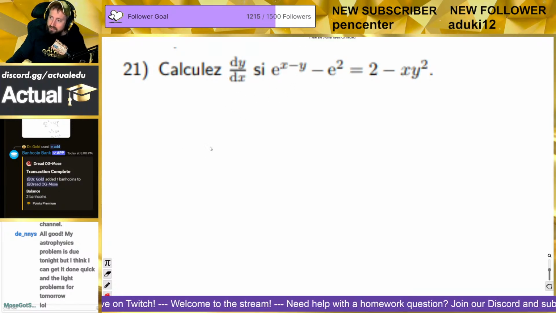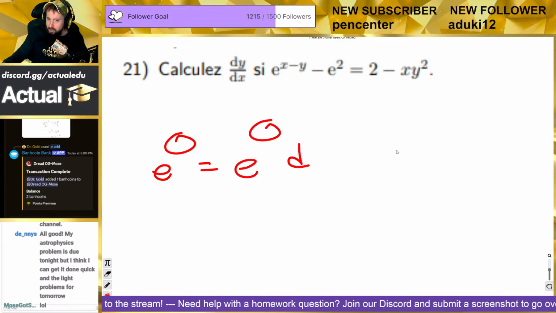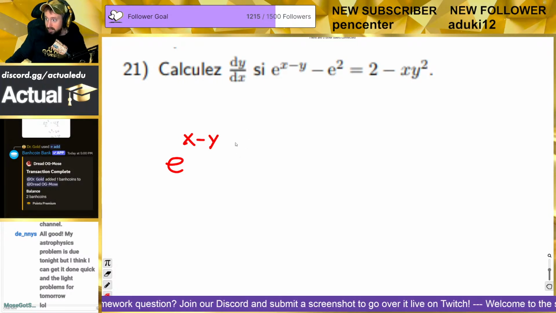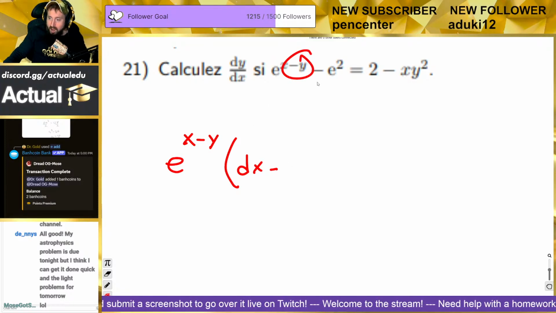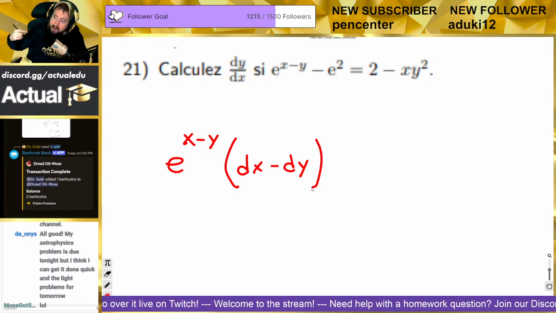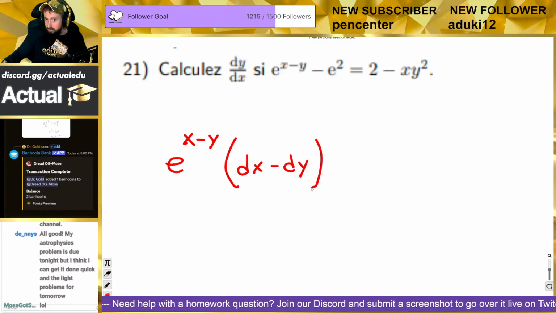Okay. So the derivative of e to the something is always just e to the something times the derivative of what's inside. So for here, I'm going to get e^(x-y) times the derivative of x minus y, which is going to be the derivative of x is just 1, but then I'm going to write dx, and then the derivative of y, which is 1, but then I'm going to say minus dy. So here's my trick for doing these: you treat every variable as something you need to take the derivative of, and then whatever variable you took the derivative of, you write dx or dy afterwards.